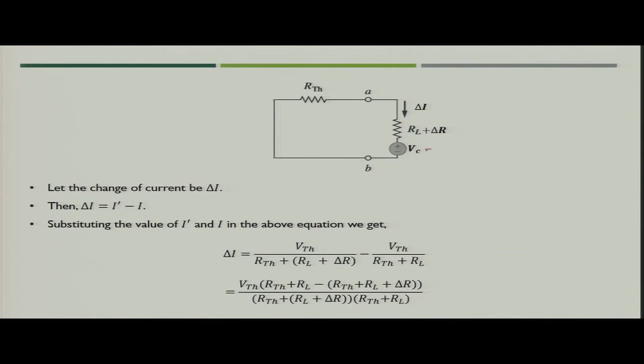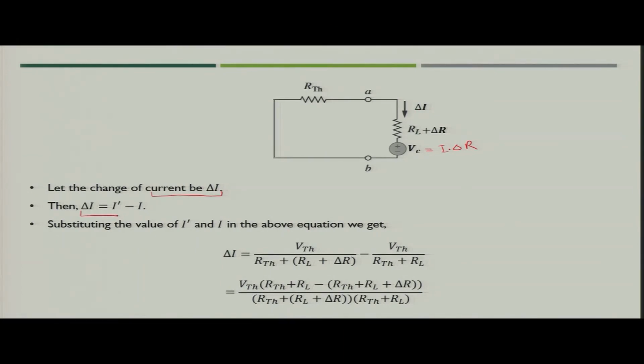The value of Vc is nothing but I into delta R. So, here the magnitude would be like this, but since it is in the opposite direction it will become negative. So, that we will see when we finally derive the condition. Now, let us assume that the value of delta I is the change.